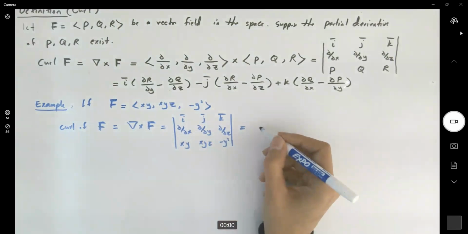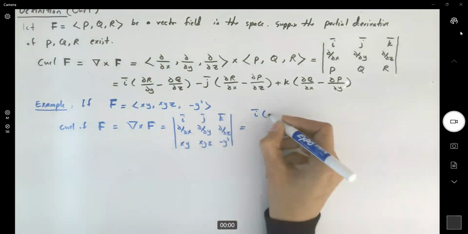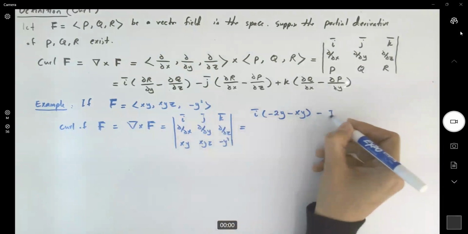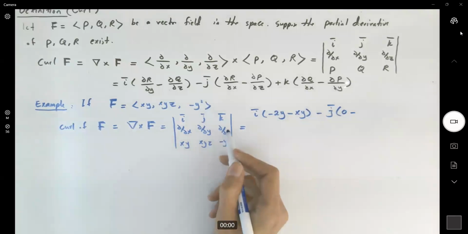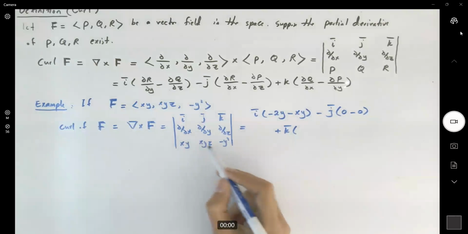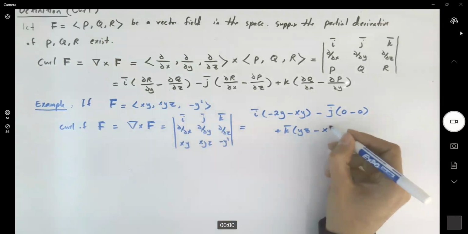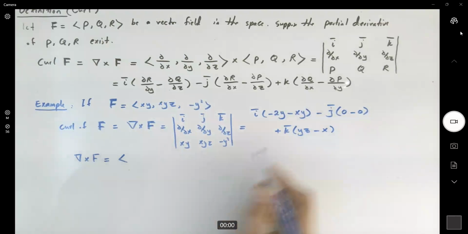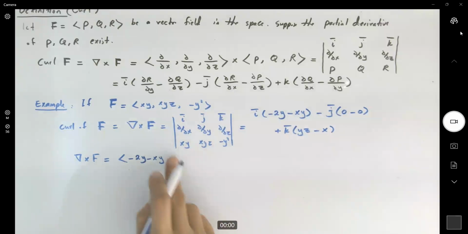So here you have I times partial derivative with respect to Y, negative 2y, minus partial derivative with respect to Z, which is xy, minus J, and then you have partial derivative with respect to X, which is 0, minus partial derivative with respect to Z, which is 0, plus K. Here, partial derivative with respect to X is YZ, minus partial derivative with respect to Y is just X. So the curl of F is equal to a vector field negative 2y minus xy and 0.